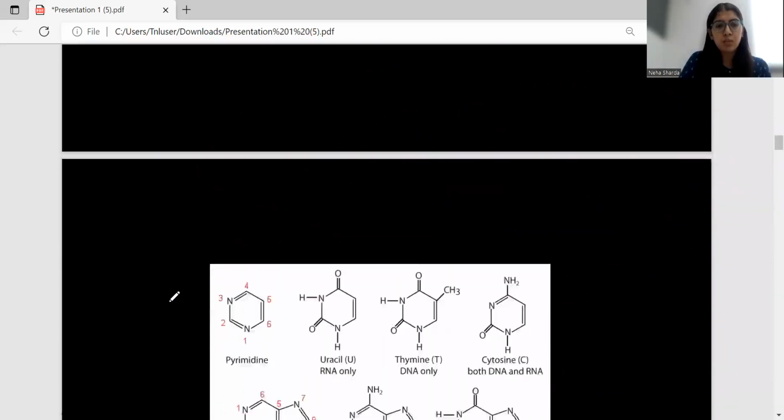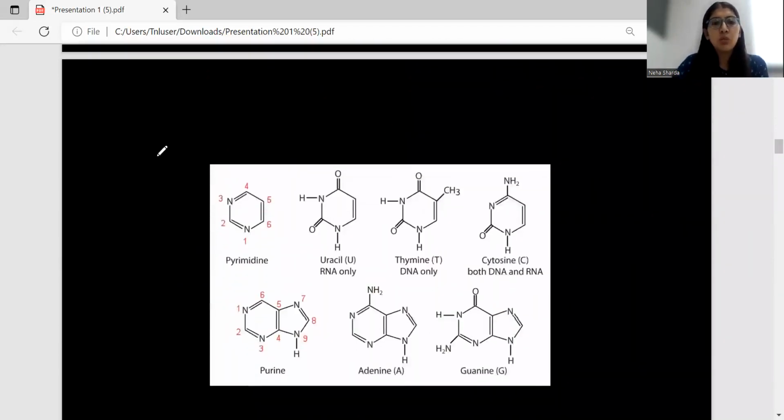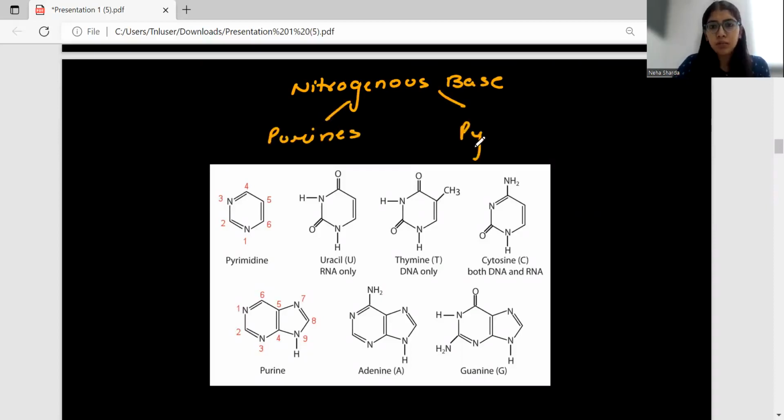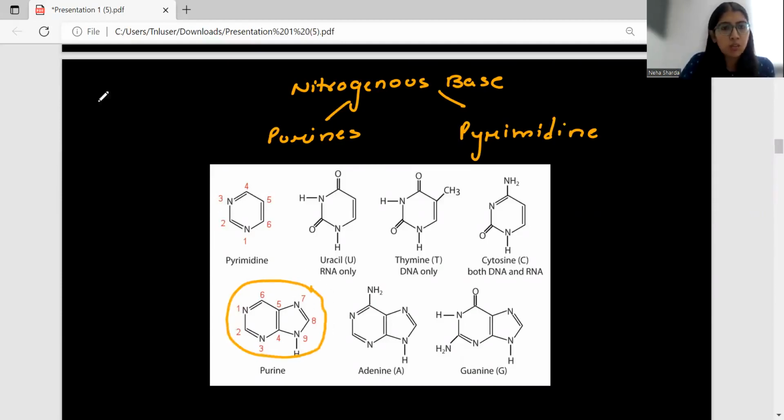So what is a nitrogenous base? We have two types of nitrogenous base, purines and pyrimidines. Purines are a 9-membered aromatic structure, it looks like this.